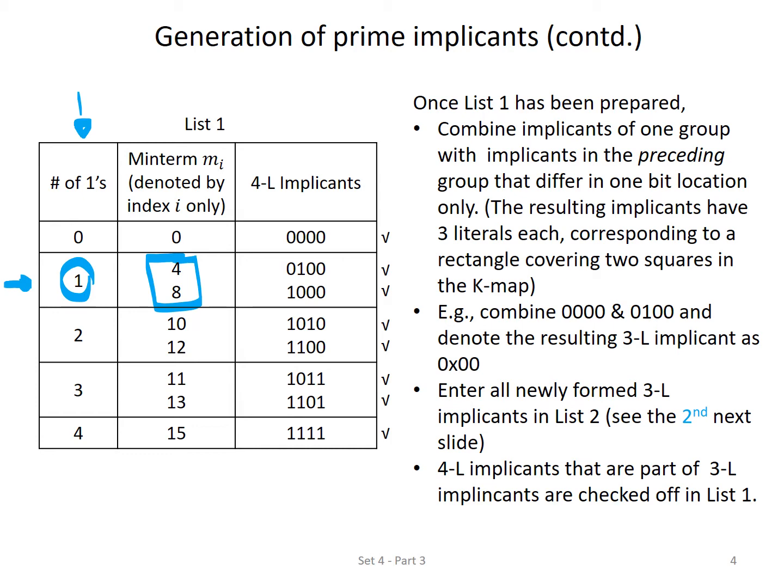And on the rightmost column, I have the 4 literal implicants for M sub 4 and M sub 8. Since we are considering a 4 variable function, the maximum number of ones we can have in the binary representation of indices of the minterms is 4, and we have only one such minterm, that means minterm M sub 15. And the corresponding 4 literal implicant is here.